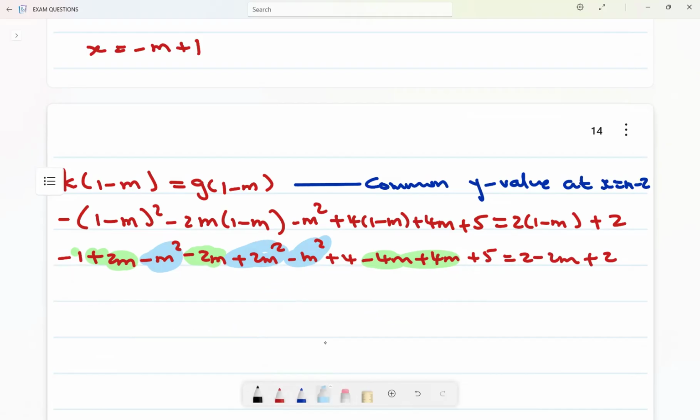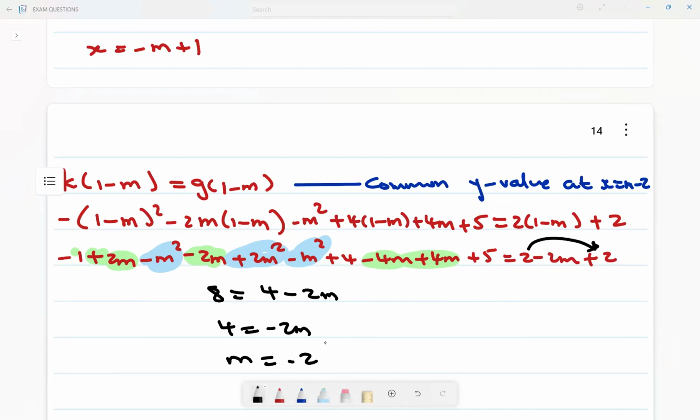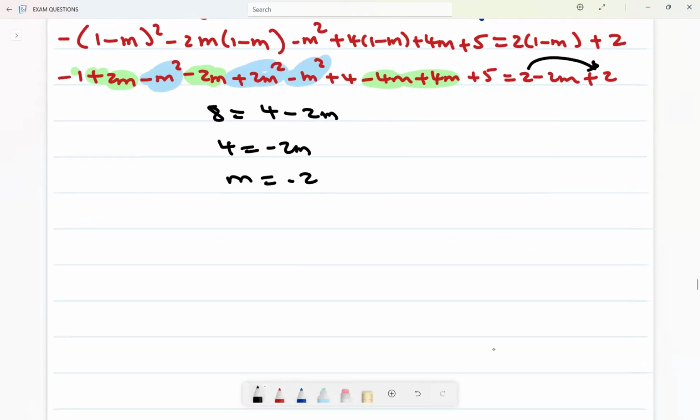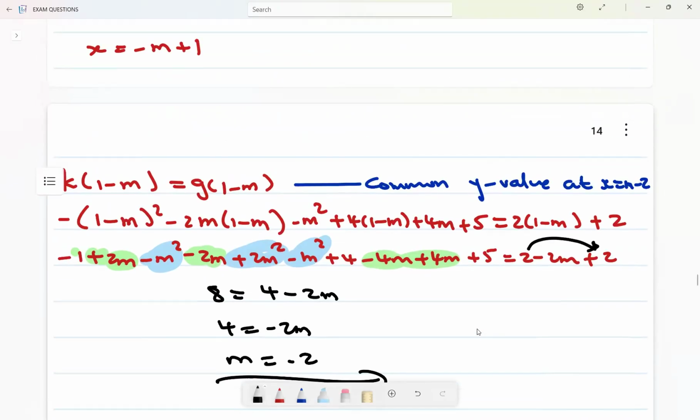And then on this side, 2 plus 2 is 4 minus 2m. So 8 is equal to 4 minus 2m, so 4 is equal to negative 2m. M is equal to negative 2. Guys, this thing wants you to be careful. But yeah, m is equal to negative 2.